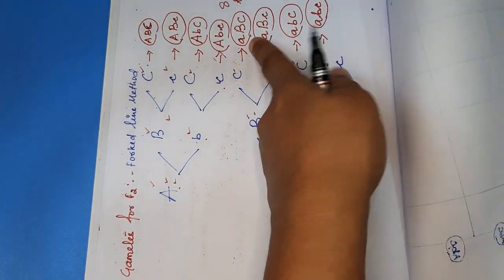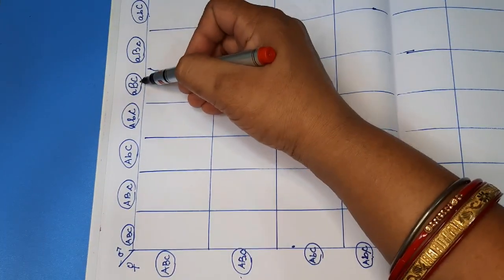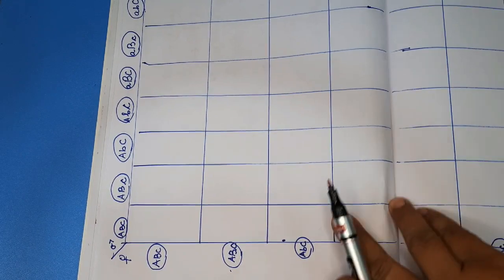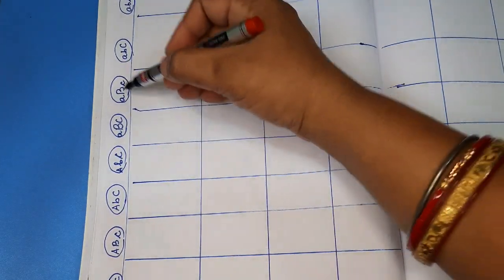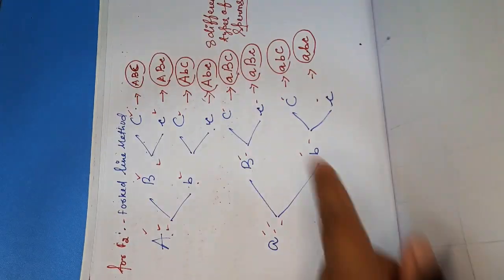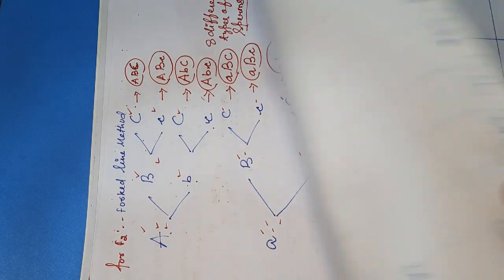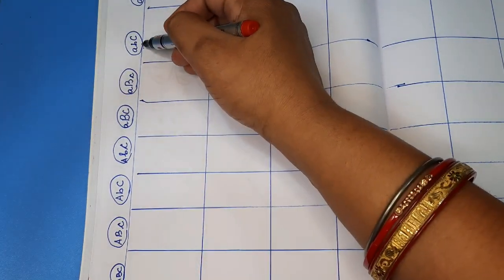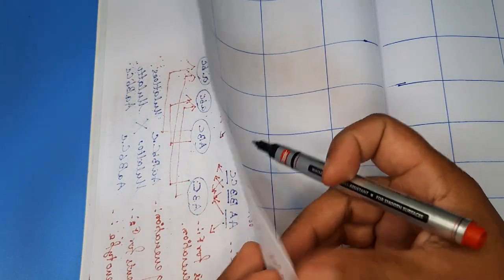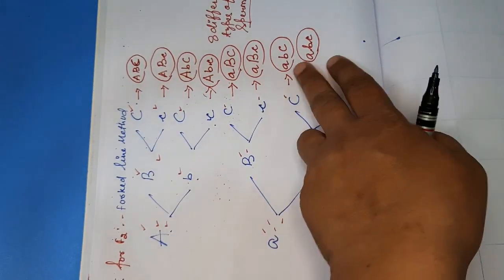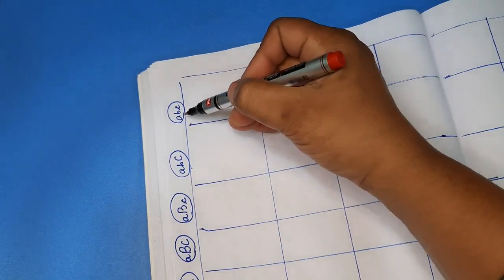The 5th genotype, this one, I have put here. The 6th genotype, this one, I have carried over from here. The 7th one, this one, that I have carried from here. And the last one, as you can see, I have written over here.